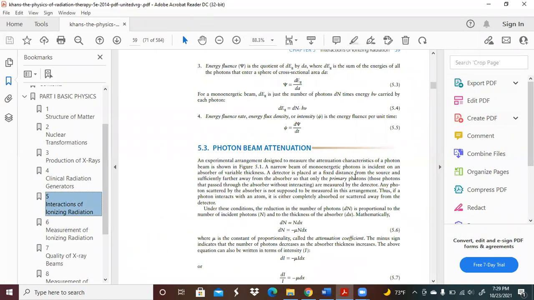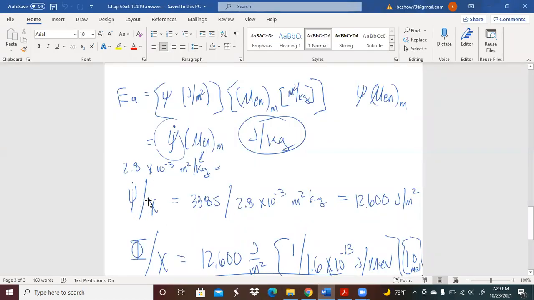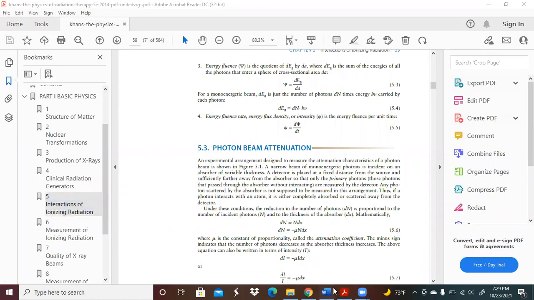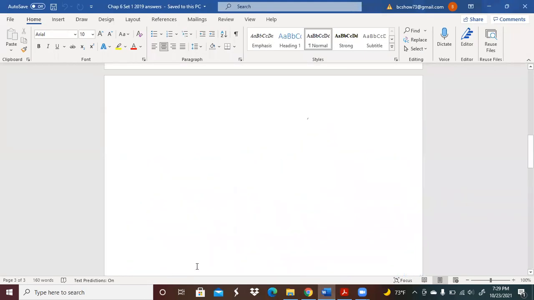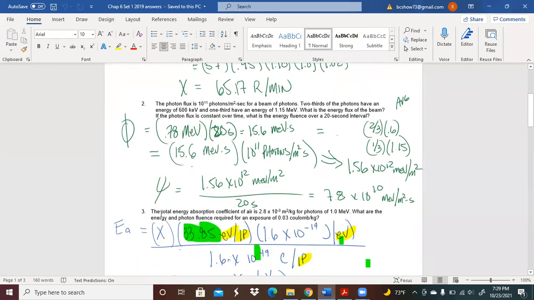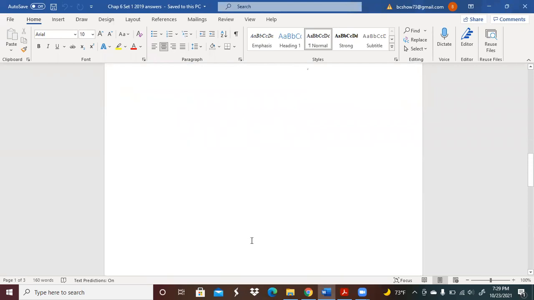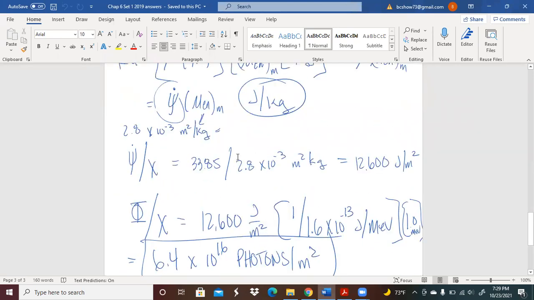The fluence rate, the energy flux, the intensity. If we take that and divide it by the exposure rate, we end up with 33.85 divided by this particular value here, which again is the energy absorption coefficient. So if we take that, divide it by that, I came up with 12,100 when I did it. I'm not exactly sure where they got the 12.6 from.